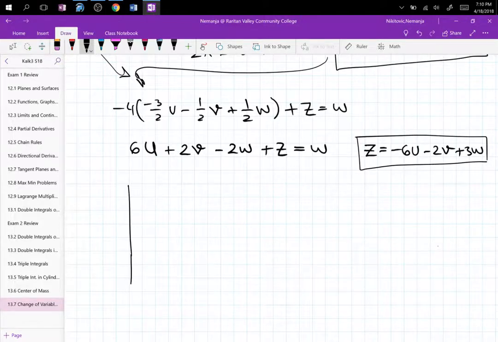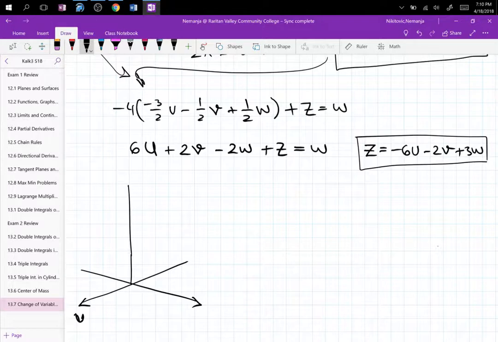Let's go with the realm this way: U, V, W. I go 1 unit each, and then 3 units up.